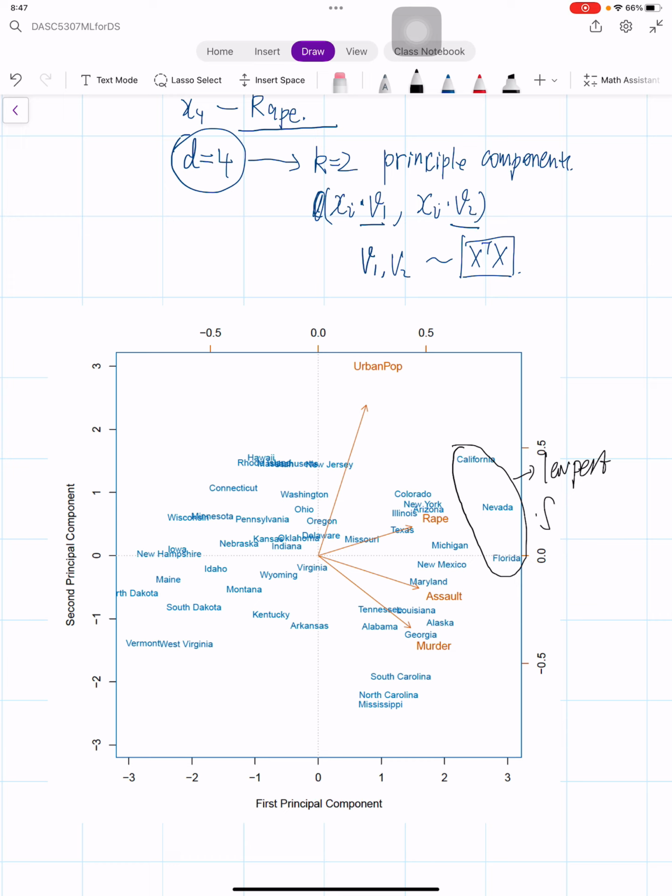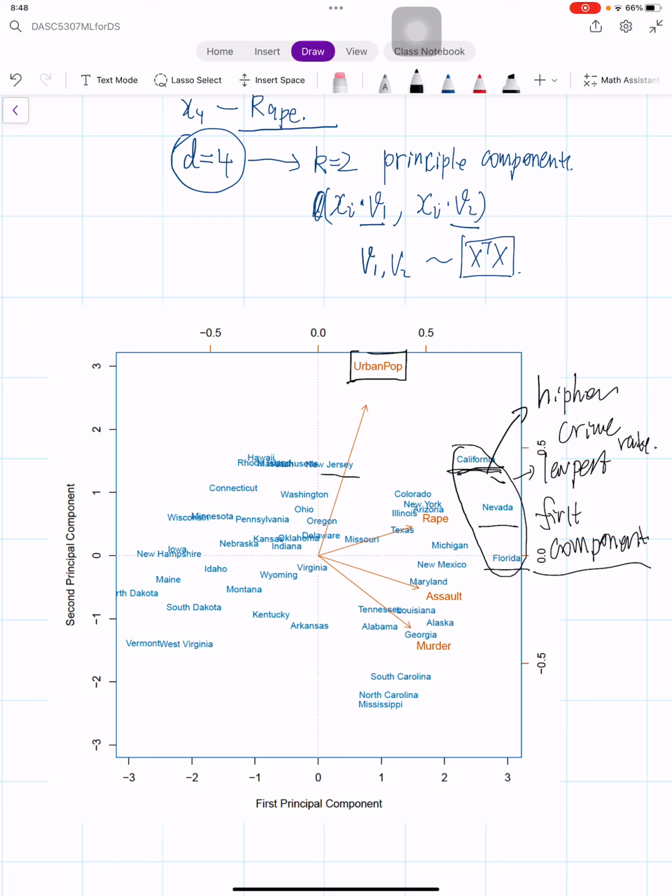Probably it's because these three states have a higher crime rate. Also California and New Jersey have higher urban populations too.